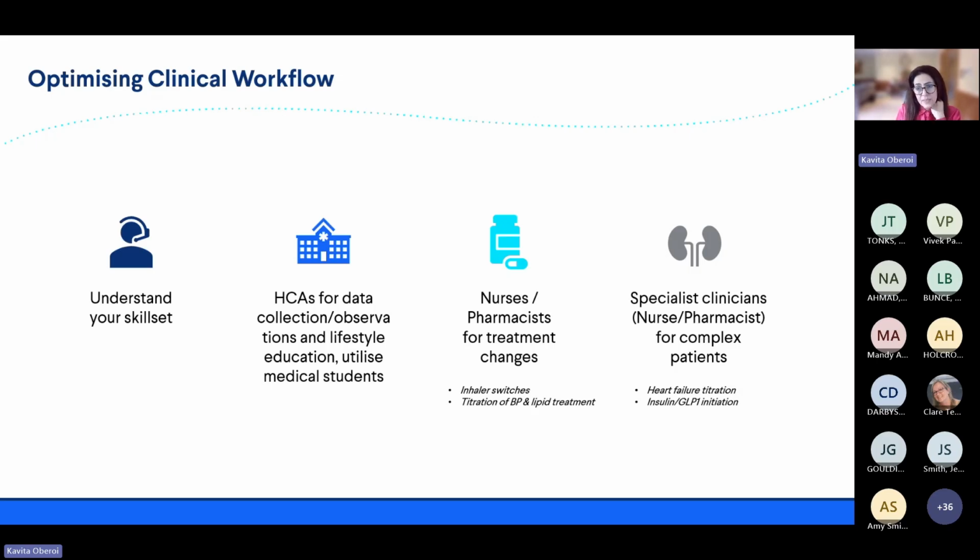And again, for diabetes, the insulins, GLP initiation. So you've got your QOF data, but you can also edit some of the searches further or overlay them with information on what patients may be on at the moment to prioritise those, thinking about the skill mix and who in your practice has the capacity to do the various groups of patients.